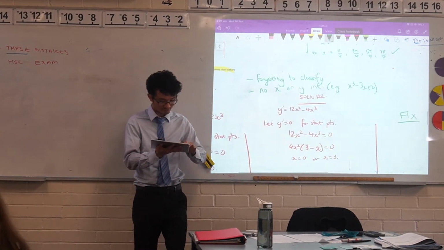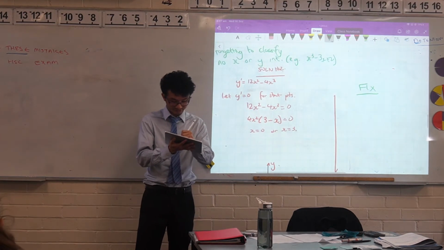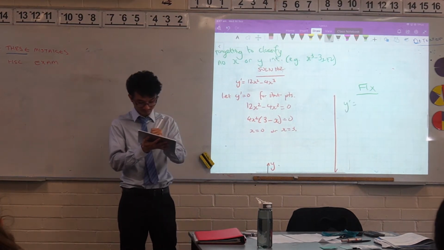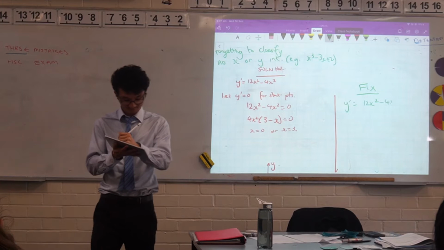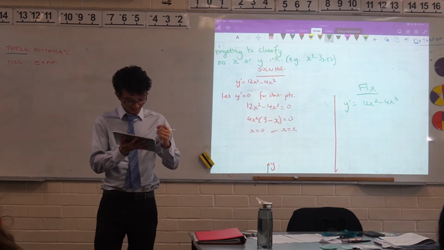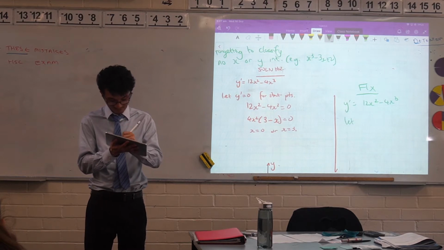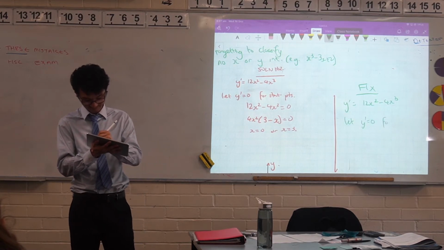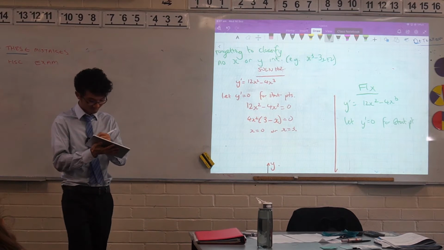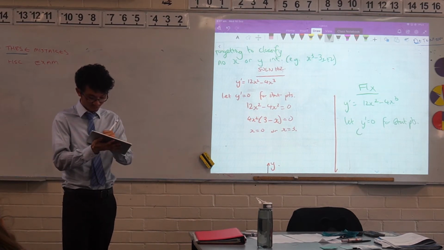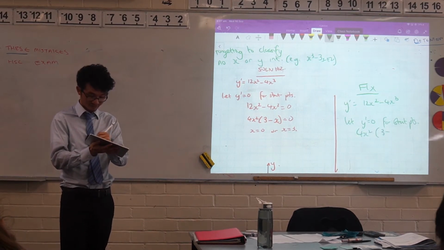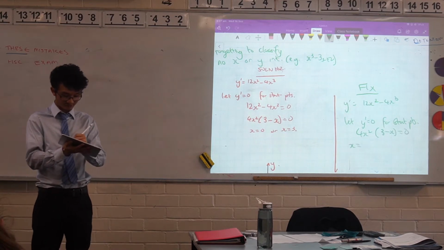So let's do this again properly. We'll take it from this line here. So 4x, let y dash equal 0 for stat points. And so we've got 4x cubed, that's 3 minus x equals 0, x equals 0 or x equals 3.